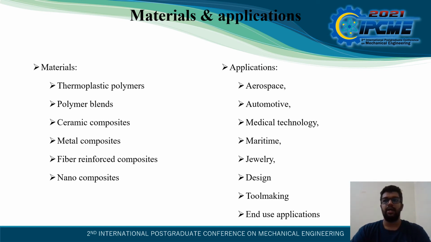And also the applications are limited due to the small variety of materials in this area. Because when we use metal composites, a maximum of only 10 percent metal can be added to the polymers. Other than that, the material will not support it.